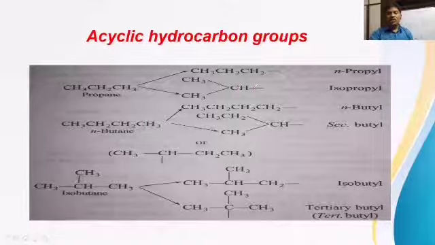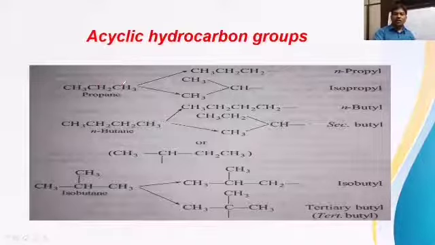The removal of hydrogen is shown in the form of a free bond here. Is this free bond on the last carbon or the last but one carbon? On the last but one carbon it is there. So we have given the special name here, isopropyl group. Isopropyl group is obtained by the removal of hydrogen from the middle carbon.